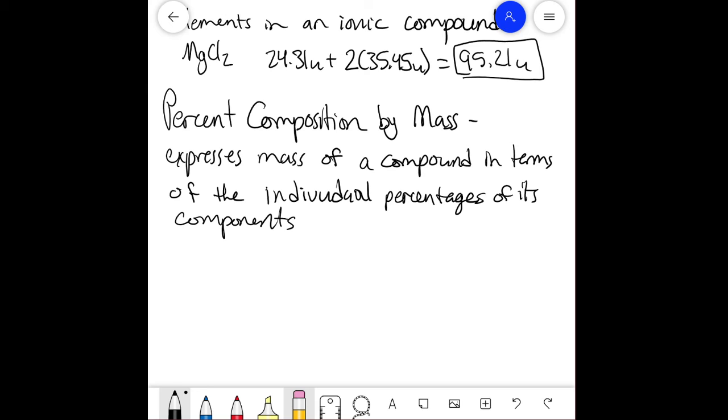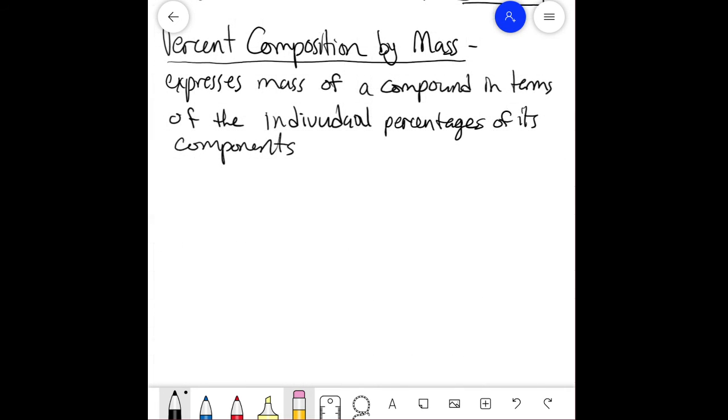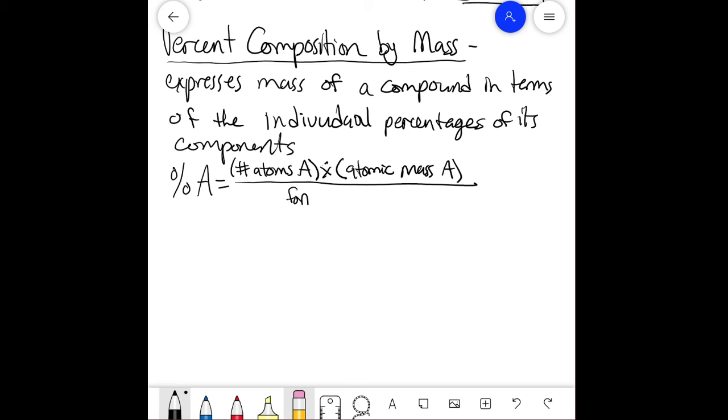So basically this will give you a percent, and this is the general form of it. Say you wanted percent A of something. You would take the number of atoms of A you have, so that subscript number, times the atomic mass of the element, and then divide it by the formula mass of the whole compound A came from.